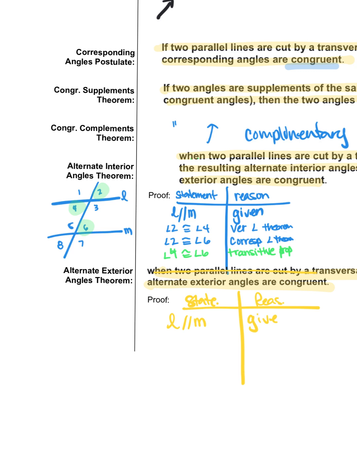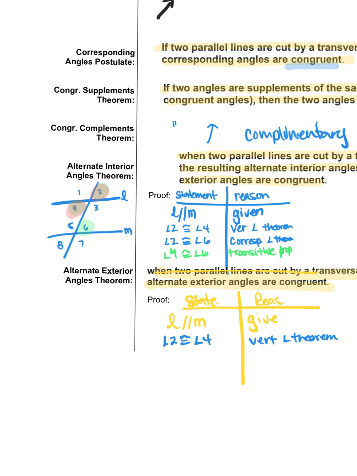And this time for my highlighter, I'm going to use red instead of the green. Okay, what do we also know on this one? We know that angle 2 is congruent to angle 4 because of the vertical angle theorem. Okay, so that would be 2 and 4.